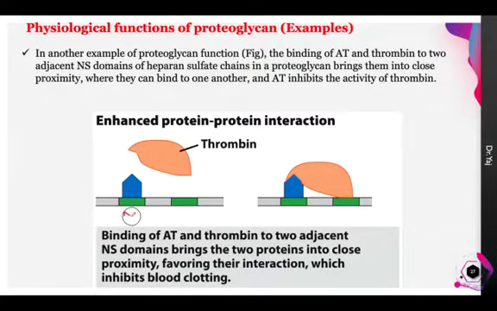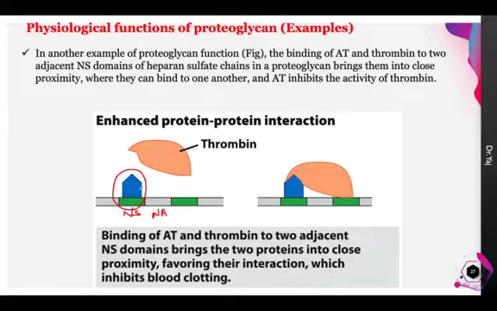These are the alternating NS and NA domains, if you remember from the previous slides. Antithrombin 3 binds to the NS domain, which is the sulfated domain of heparan sulfate. Once it binds to the NS domain, it undergoes a conformational change, which we also looked at when we looked at its binding to factor 10A.